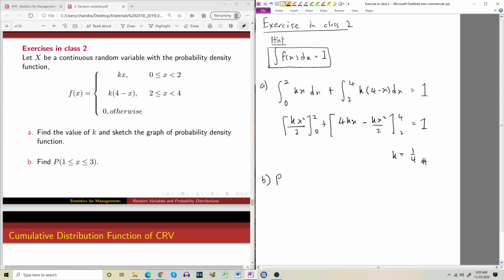For b, this is 1, 2, 3. If you notice, 0 to 2, 2 to 4, this one the function is kx, or in other words x over 4.